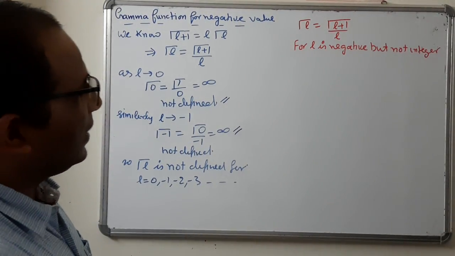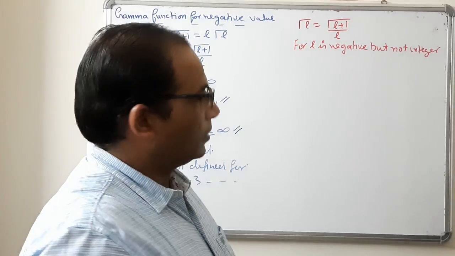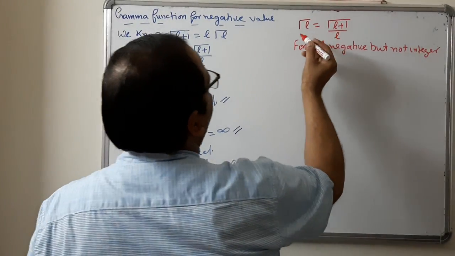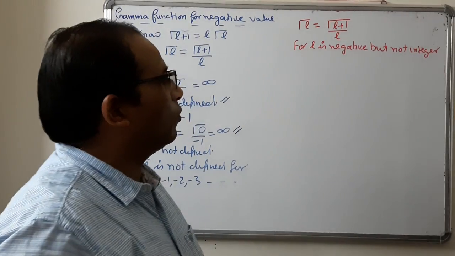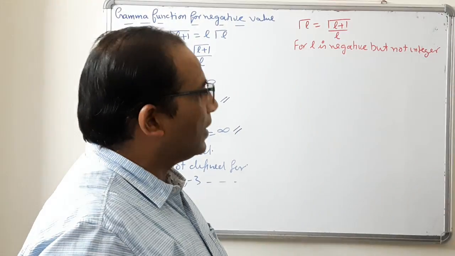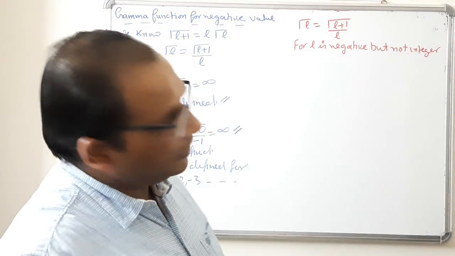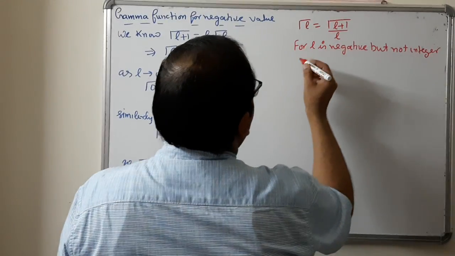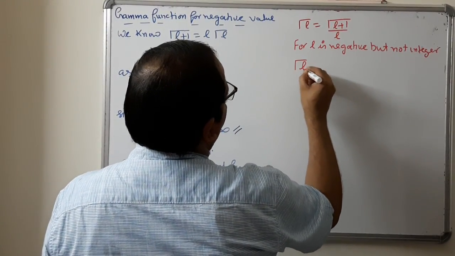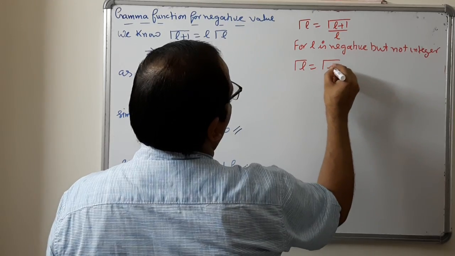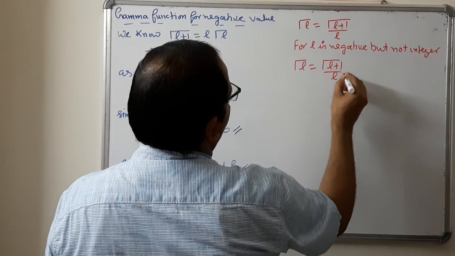Now we come to when L is negative but not an integer. We will again write the formula gamma(L) = gamma(L+1)/L, and this formula is for L a negative number but not a negative integer. This can be written as gamma(L) = gamma(L+1)/L.